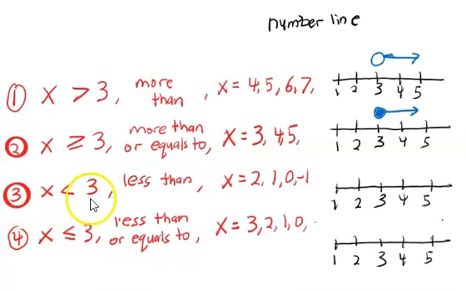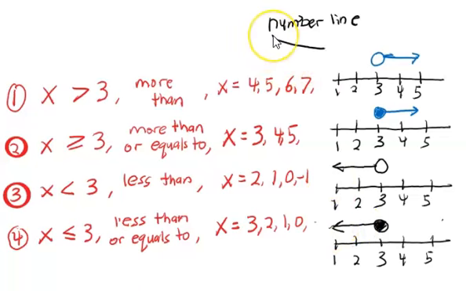When we have less than 3, we put a circle, you don't have to shade it, and then put the arrow on the opposite side. Now we have the less than or equals to sign. In this circle, don't forget, we have to shade it and follow the direction. Okay, this is called a number line.